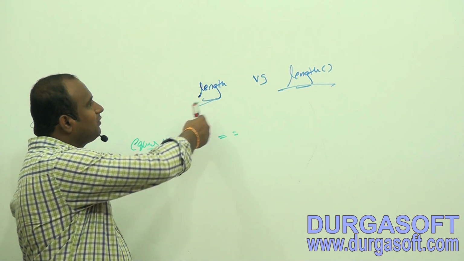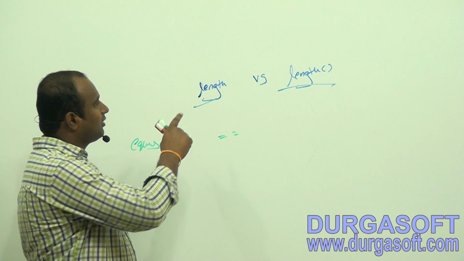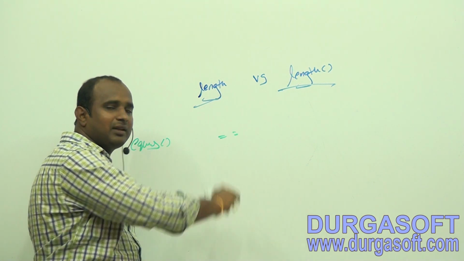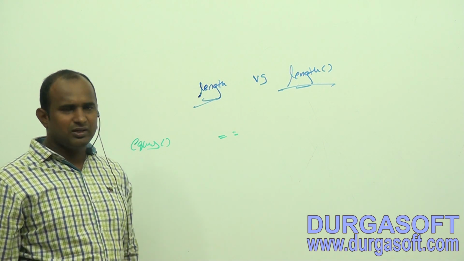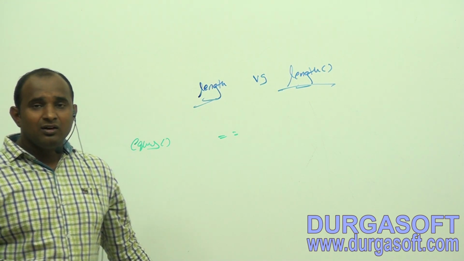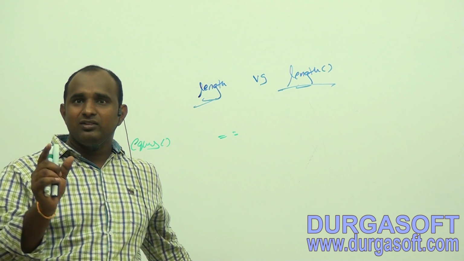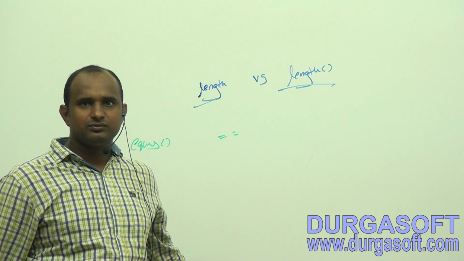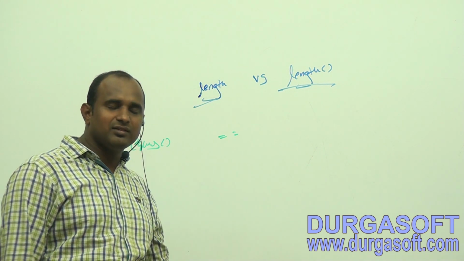And whenever I ask length versus length(), they say, yes sir, length is a variable, length() is a method. Everyone knows that point. And whenever I ask final versus finally, finally is a block and final is a modifier. But don't give the answer like that.